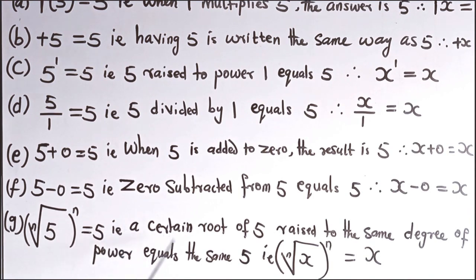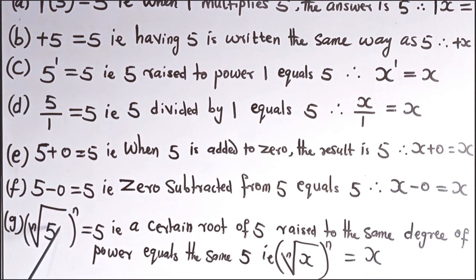That is, a certain root of 5 raised to the same degree of power equals the same 5. Which means square root of 5 raised to power 2 is still equal to 5. Cube root of 5 raised to power 3 is still equal to 5. The fourth root of 5 raised to power 4 will still equal 5.